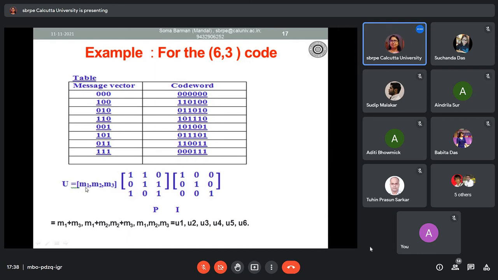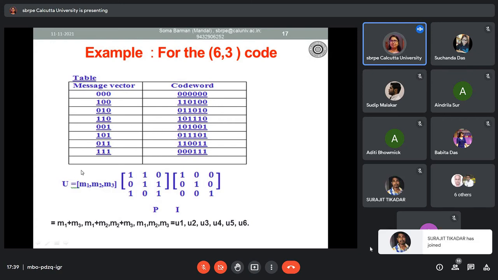The last 3 are M1, M2 and M3. So we are multiplying the row with the columns of this generator matrix, and it gives you M1 plus M3, M1 plus M2, M2 plus M3 and M1, M2, M3.